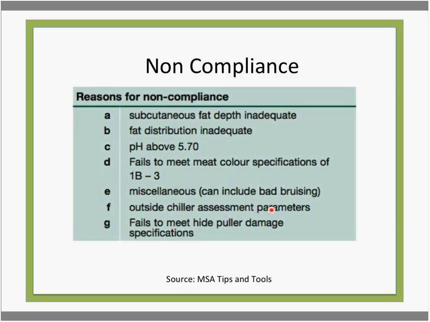And this just gives you the areas of non-conformance for MSA grading, which may make a bit more sense given the presentation we've gone through. So the fat cover, we talked about that in the carcasses coming through and being chilled and how the temperature can vary based on the fat cover.